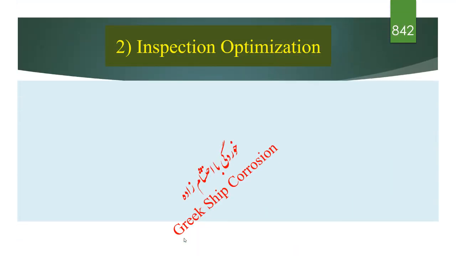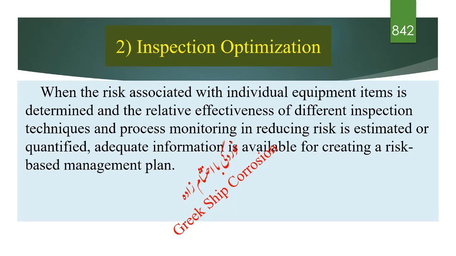2. Inspection optimization. When the risk associated with individual equipment items is determined and the relative effectiveness of different inspection techniques and process monitoring in reducing risk is estimated or quantified, adequate information is available for creating a risk-based management plan.